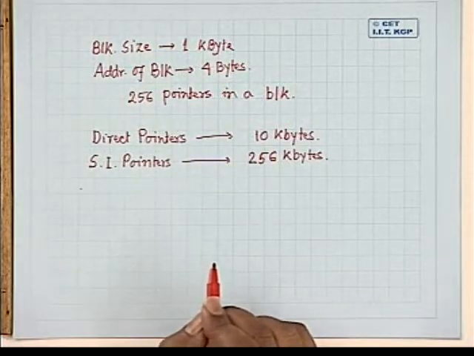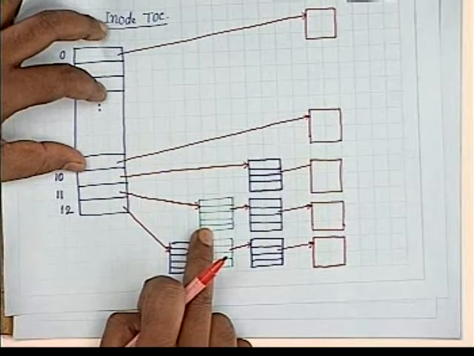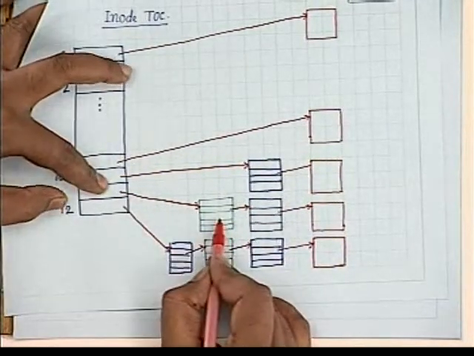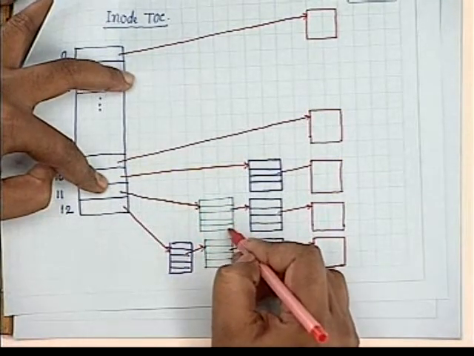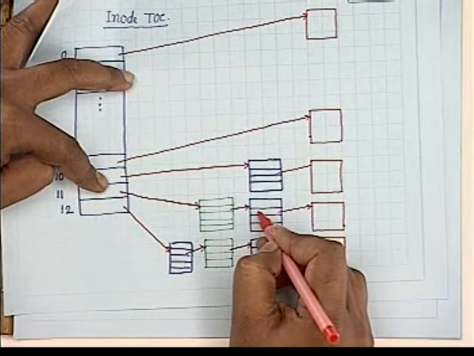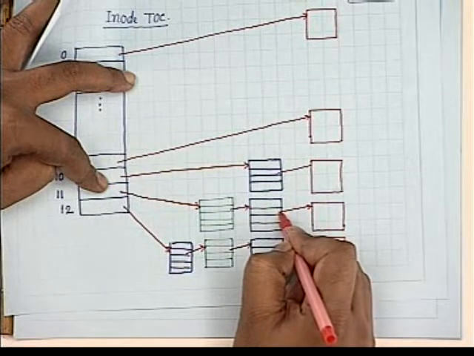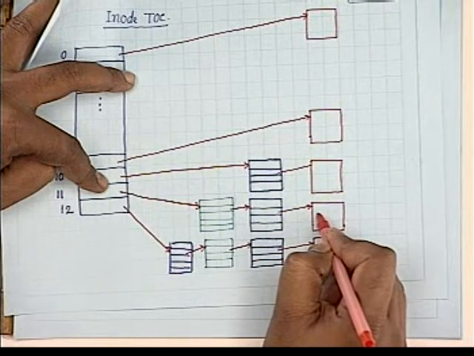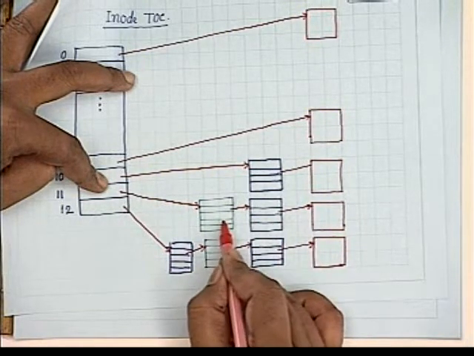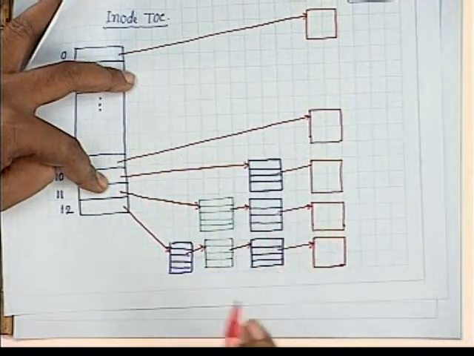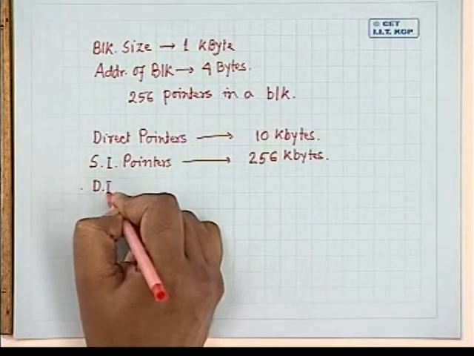Okay. Following this way, when you come to the double indirect, you find that this points to a block which contains 256 pointers. Each of these 256 pointers points to blocks which again contain 256 pointers. Each of these pointers will point to 1 kilobyte of data. That means following this double indirect pointer, I can access 256 into 256 kilobytes. Okay.